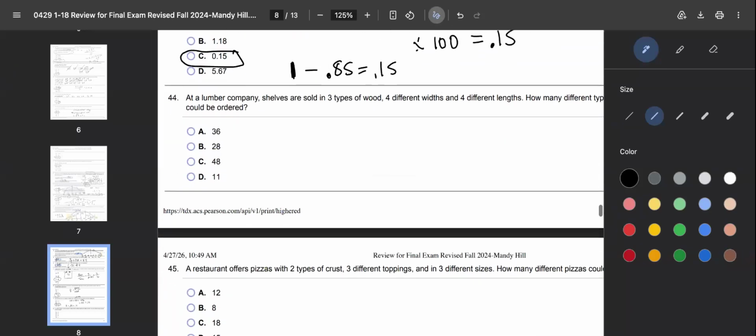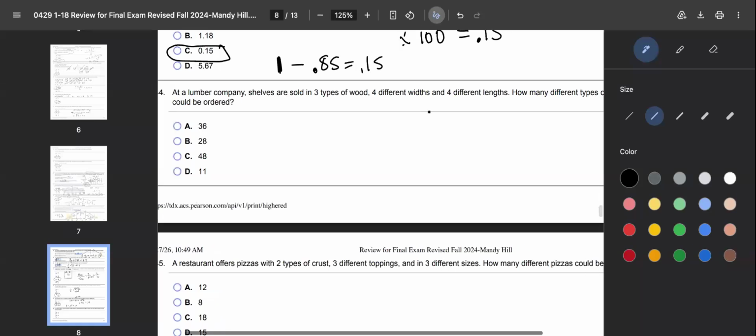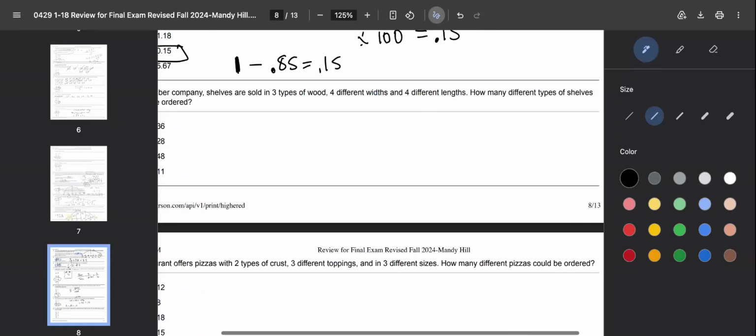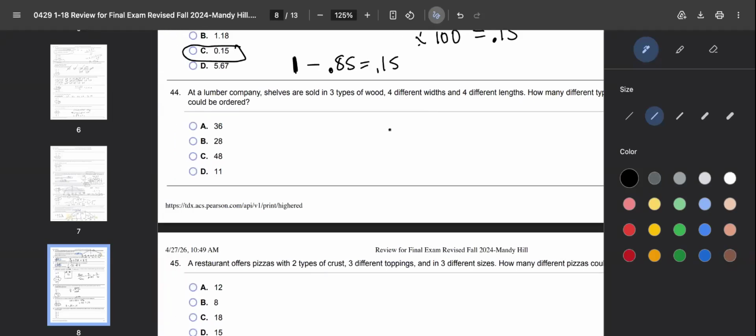Number 44, at a lumber company, shelves are sold in 3 types of wood, 4 different widths, and 4 different lengths. How many different types of shelves could be ordered? Okay. This is called the law of multiplication. We have 3 different types of wood, 4 different widths, and 4 different lengths that the shelves can be.